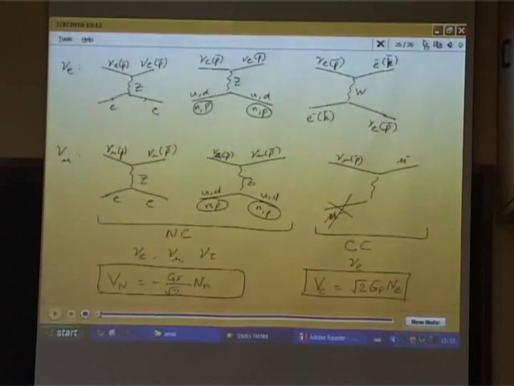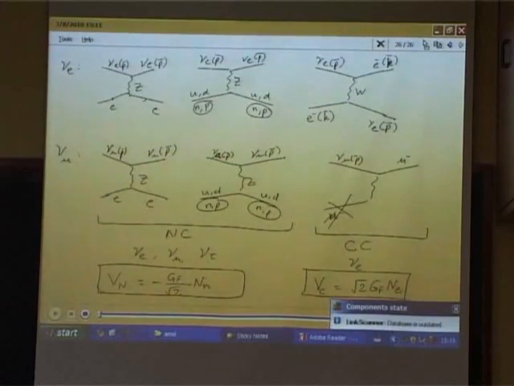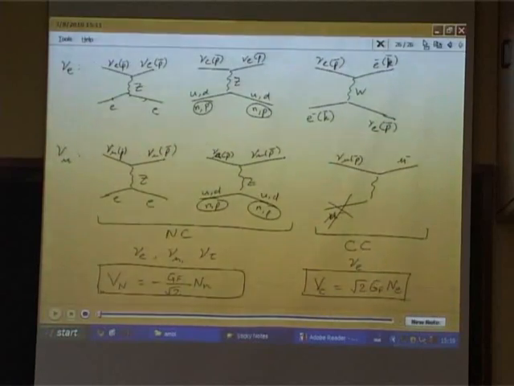But in addition to this, mu e gets a potential due to charge current interactions, which also depends on the number density of electrons in the medium. So once you accept this, the next part of the process is much simpler.